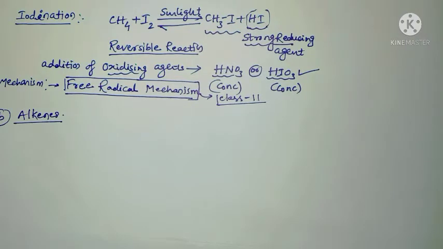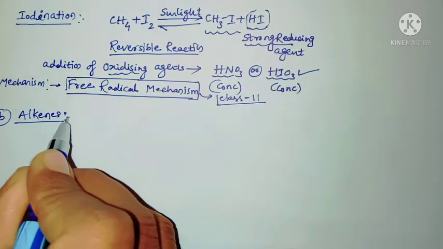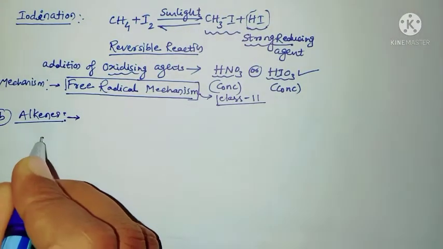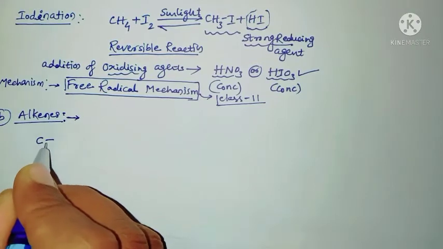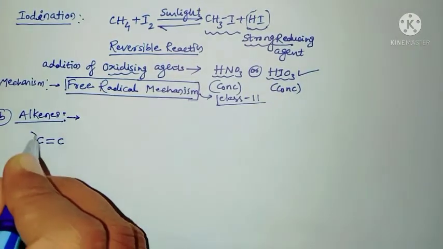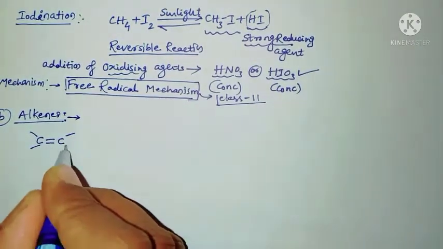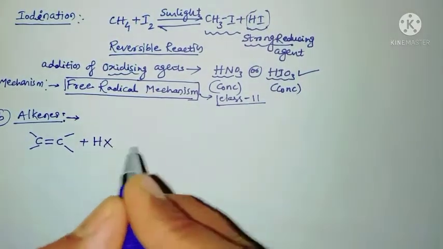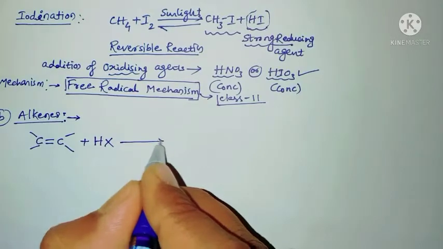The next method is to study how we get haloalkanes from alkenes. Alkenes are the hydrocarbons in which the carbon-carbon double bond is present. Here the halogen acid, that is HX, adds to these alkenes.